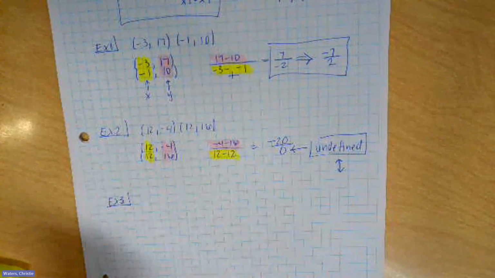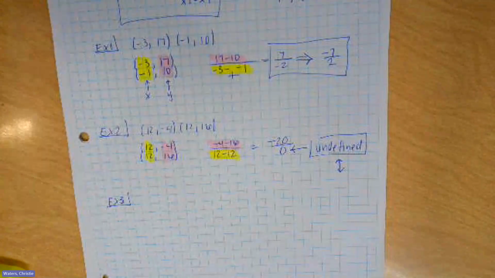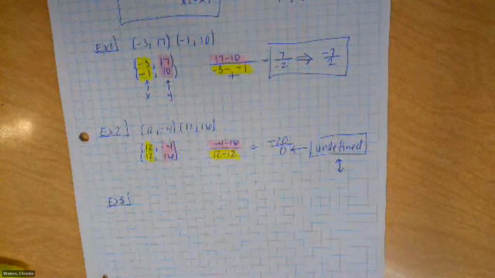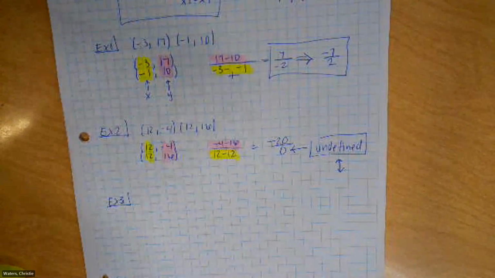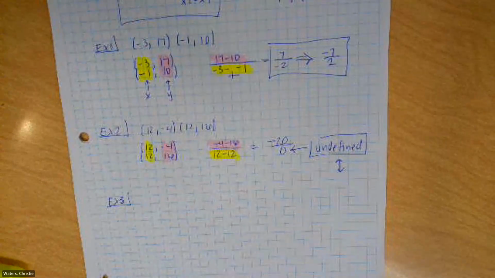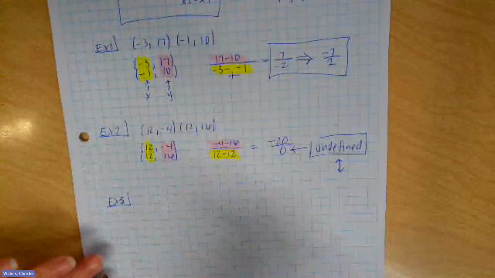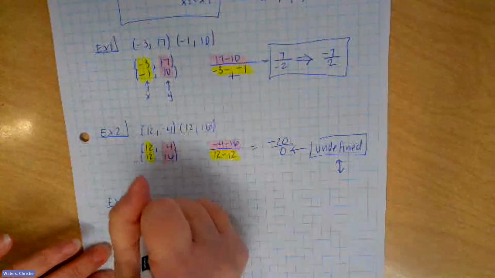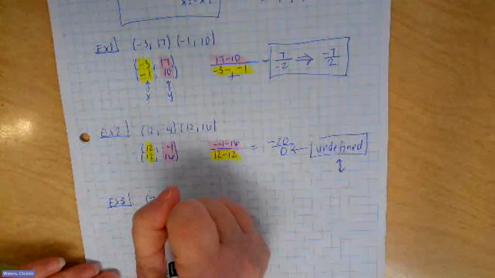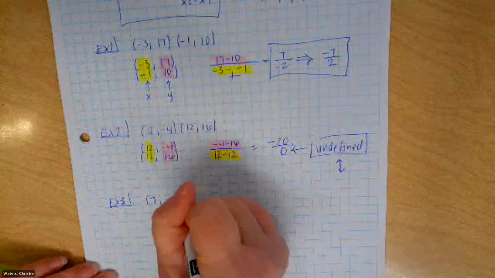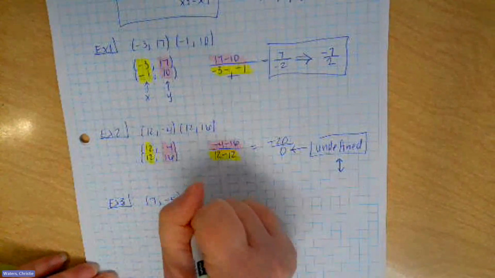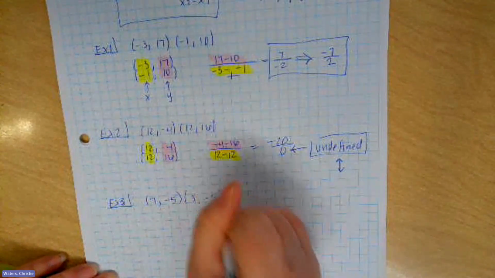All right. And then finally, we have example 3. So for example 3, we are going to have 7 comma negative 5 and 3 comma negative 5.